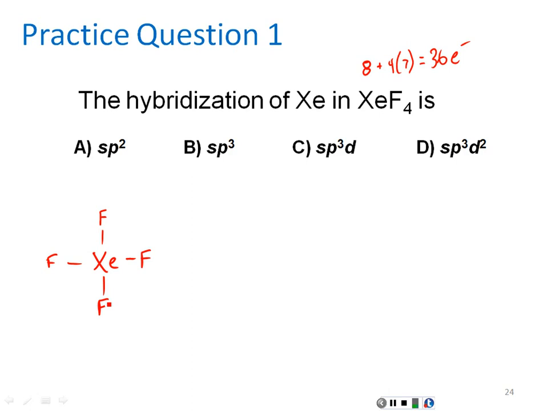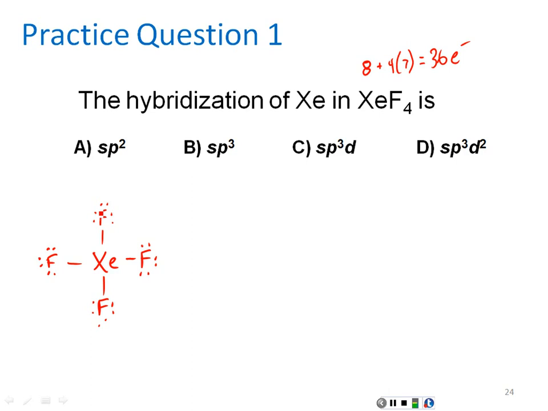Okay, we've used 8 electrons in bonding. And when we add the valence electrons on fluorine, we've used a total of 32 electrons.